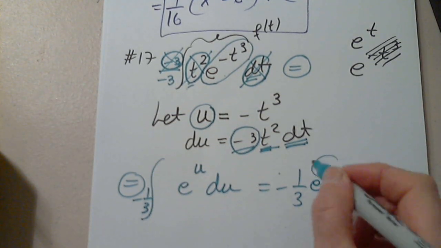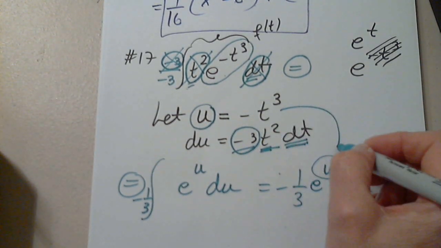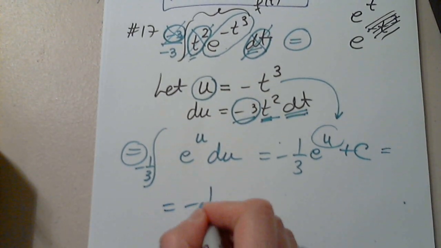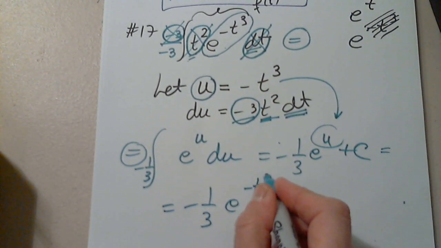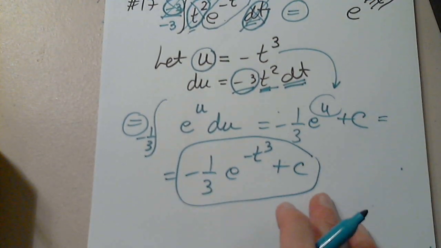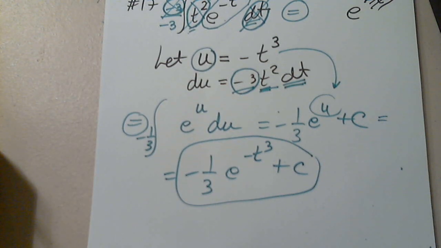I have to go back and replace it with what it was initially. So the answer is negative 1/3 e to negative t cubed plus a constant c. Done. Any questions?